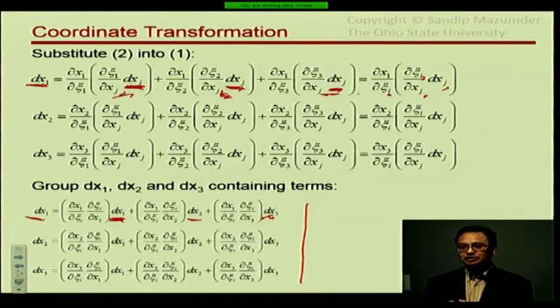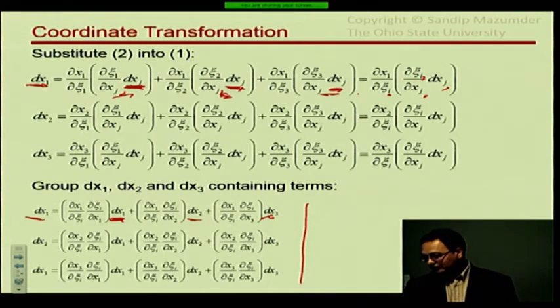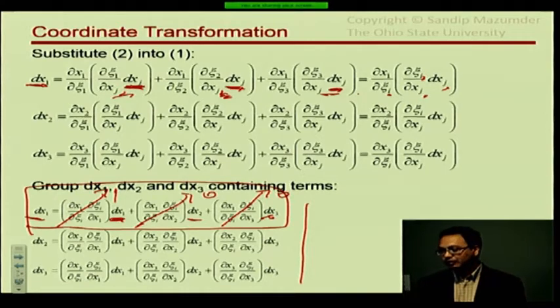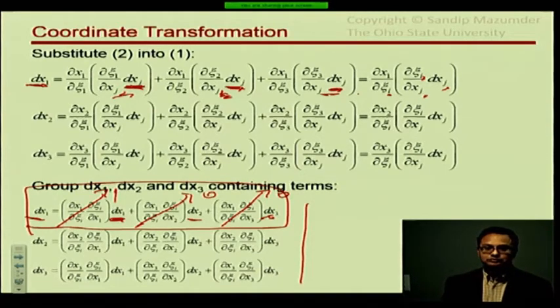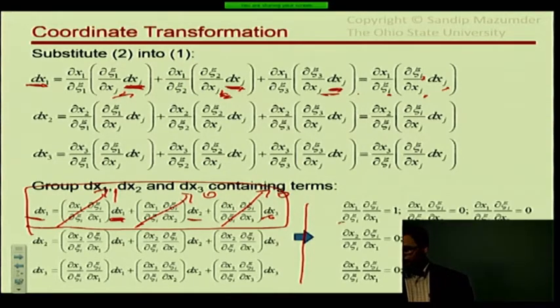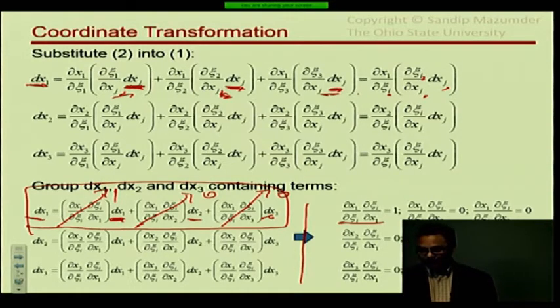Impossible. So if I look at this expression, the only way it can be satisfied is if this is equal to 1 and these guys are equal to 0. Then basically I get dx1 is equal to dx1. Otherwise it's impossible to satisfy that equation. So you get the first term equal to 1 and the next two terms equal to 0, and that happens for all three equations.